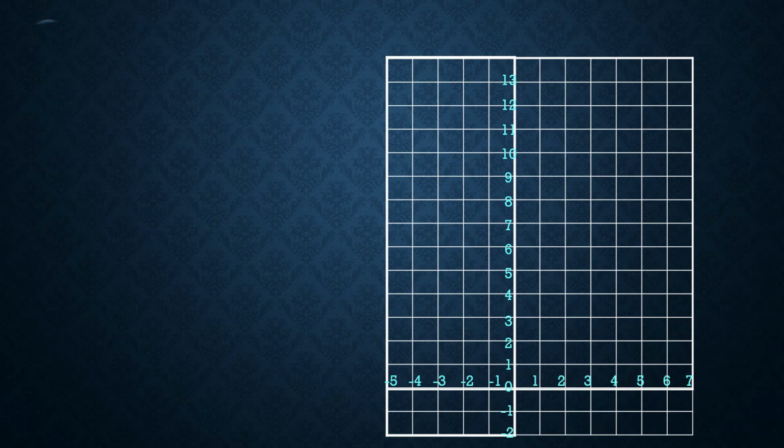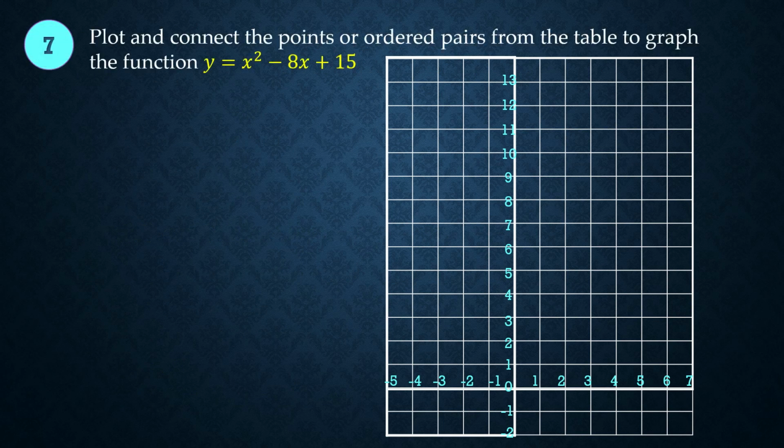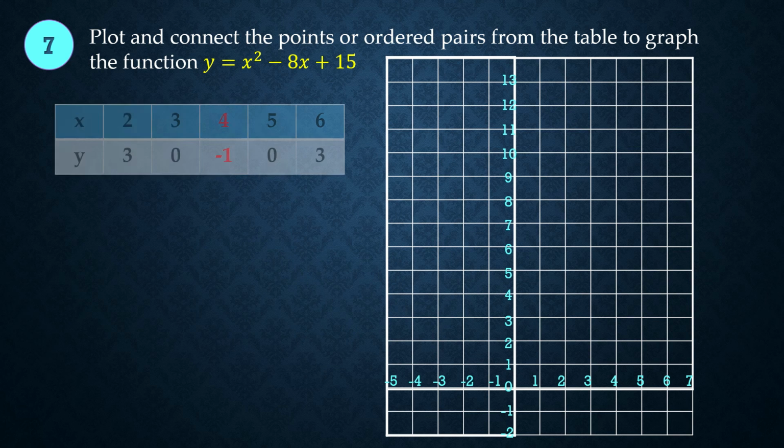Next is to plot the solved values of y together with x. So let us plot. First, I added a third point to the left and a third point to the right. When x is 1, y is 8. It is not in the table of values but I solved it separately.